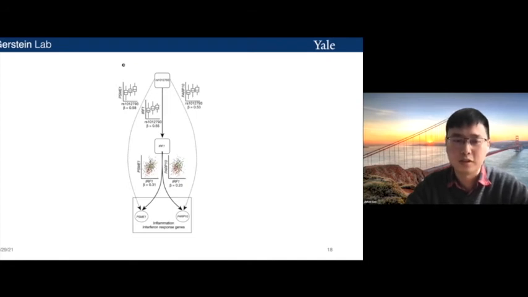And here I show a very interesting example I found in the GTEx paper. They first identified a SNP, this rs101, blah, blah, blah, that is significantly affecting the expression level of this gene called IRF1. And here the box plot shows this linear relationship.